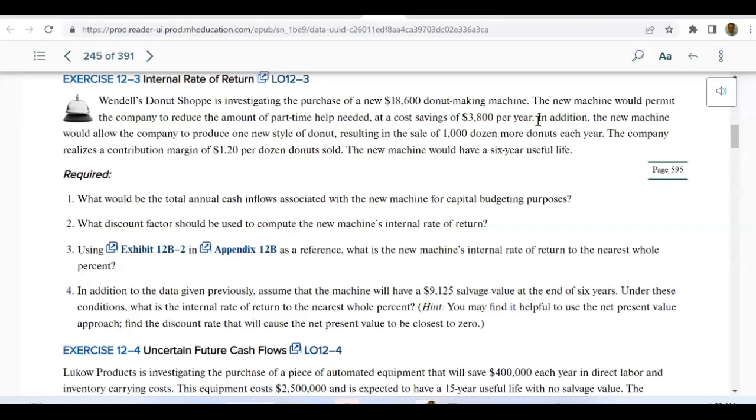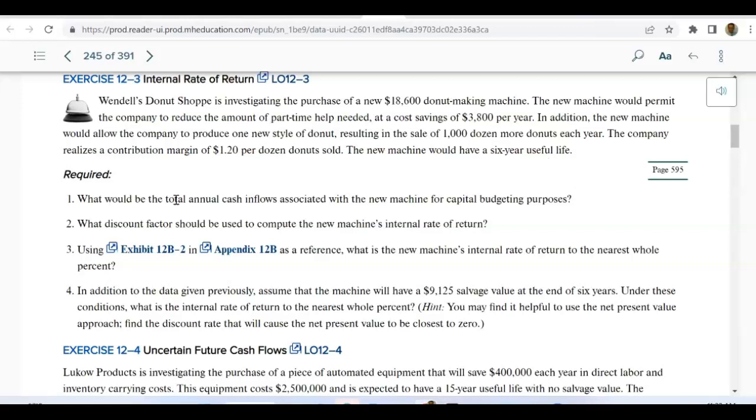In addition, the new machine would allow the company to produce one new style of donut, resulting in the sale of 1,000 dozen more donuts each year. The company realizes a contribution margin of $1.20 per dozen donuts sold. The new machine would have a 6-year useful life.